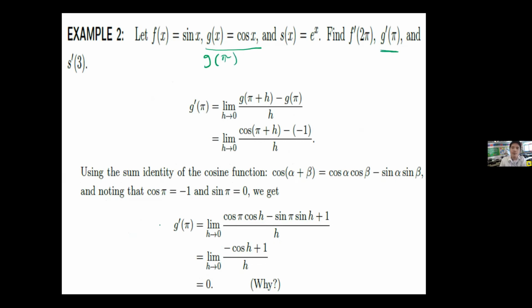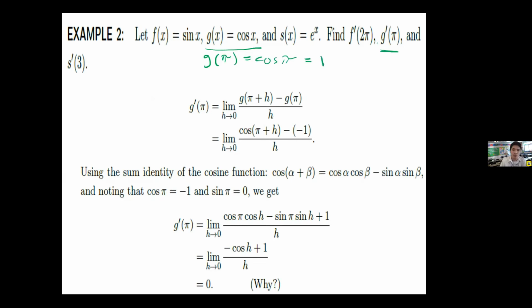Pagpangita nimo kay g of pi, substitutean lang nimo si cosine x dere og pi. So, cosine pi na po ni siya, which is ang cosine pi equals to negative 1, kay cosine sa 180 is negative 1 man.